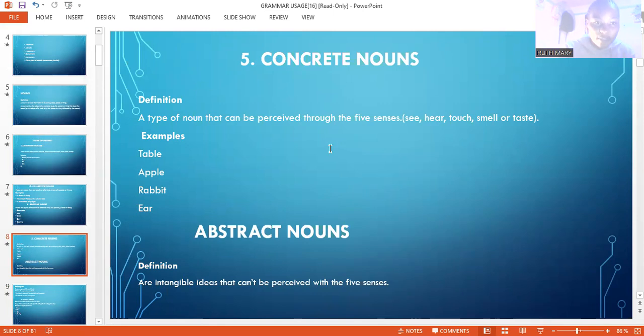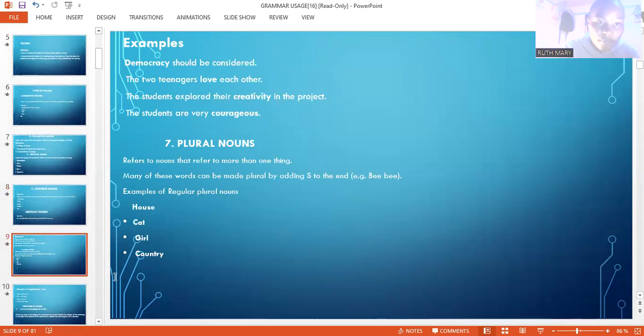Then we have abstract nouns. Abstract nouns are intangible ideas that cannot be perceived with the five senses. Example, democracy should be considered.